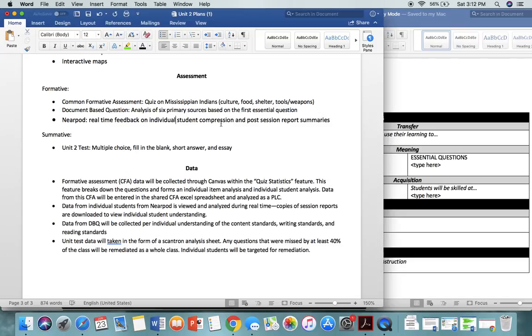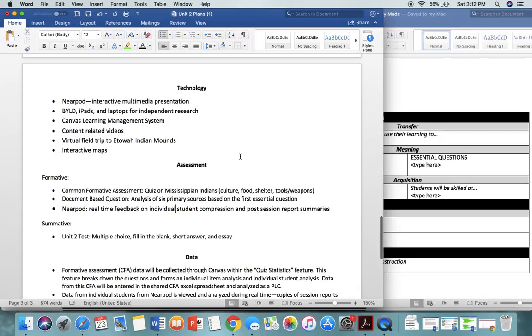However, that was really the only assignment that we did based on that understanding and that question, and we did not assess it. So I don't even really have instructional tasks.